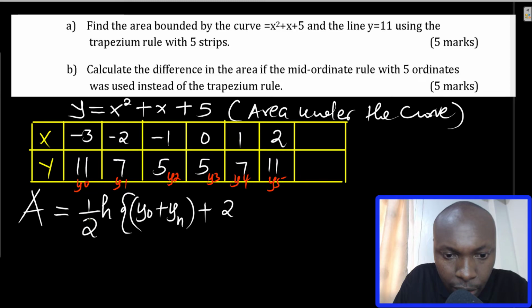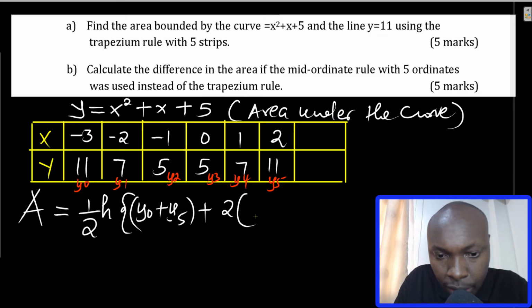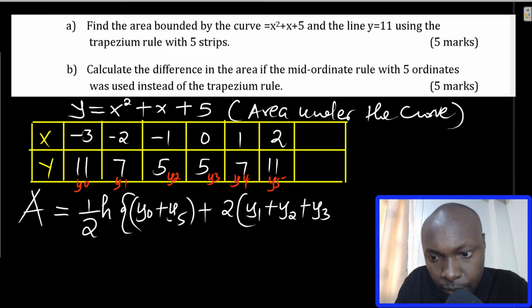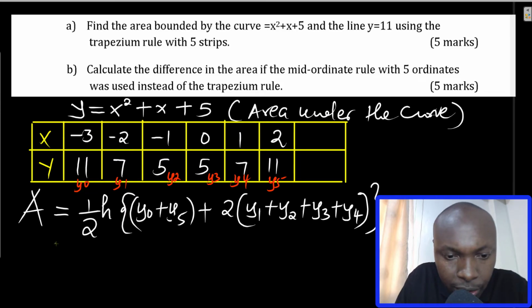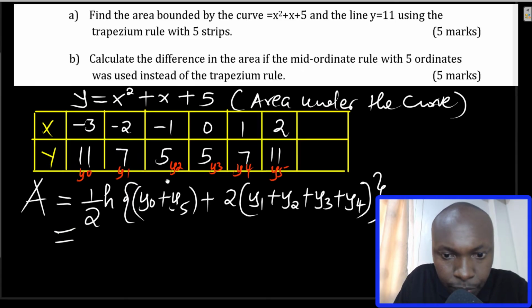So half height, then y0 plus y5, the first and the last. Then twice the middles. The middles are y1 plus y2 plus y3 plus y4, and then the square brackets. So I've just let these heights be 11 to be y0, then y1, y2, y3, y4, y5, and so on. So substituting these you're going to get.